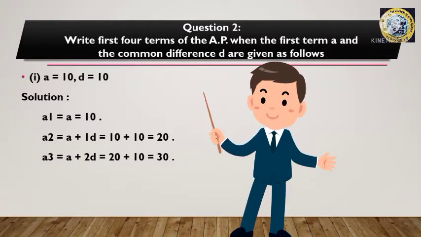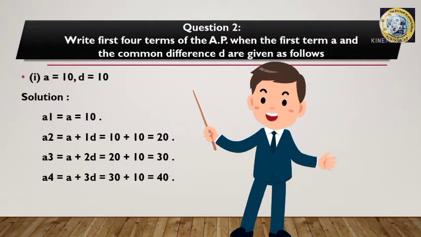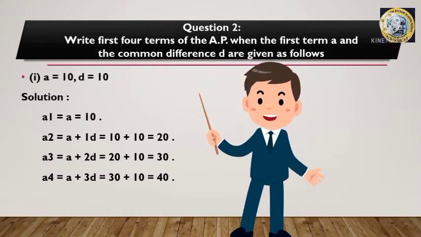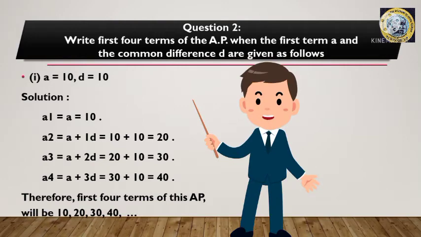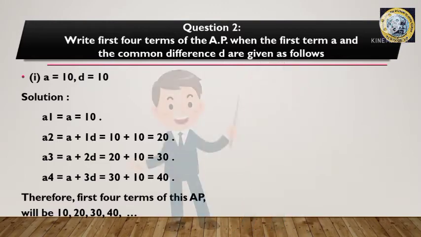A4, the fourth term, is equal to A plus 3D, which is 3 tens are 30, plus 10 is equal to 40. Therefore, the first 4 terms of this arithmetic progression will be 10, 20, 30, 40, and so on.